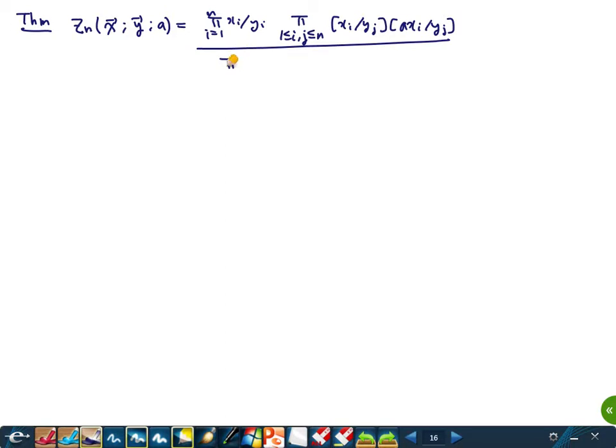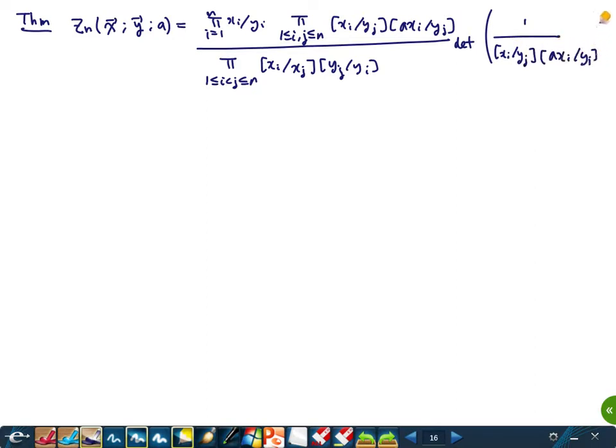This takes a lot of time to write down just the formula. The determinant of this matrix, the n by n matrix, indexed by i, j.